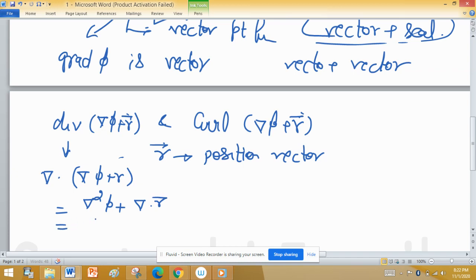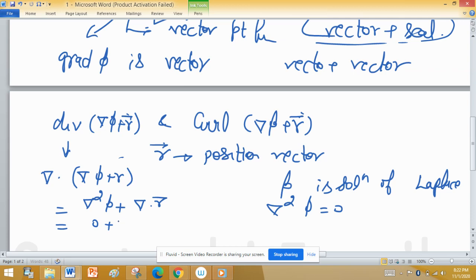It is given to us that phi is a solution of the Laplace equation, so nabla square phi is equal to 0. So it is 0 plus nabla dot r.